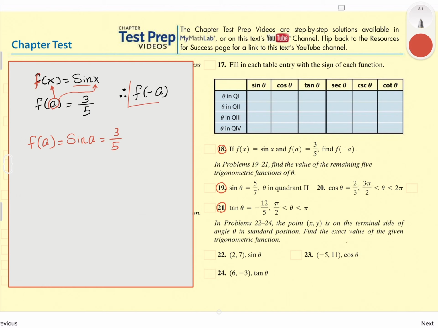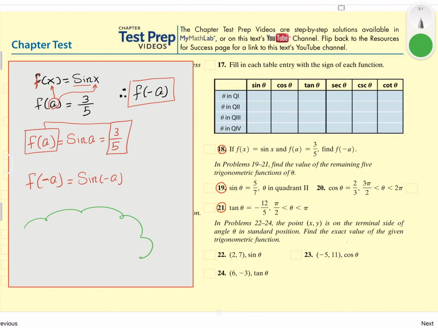They're asking us what is f of negative a. F of negative a is sine of negative a. We learn that sine is an odd function. We learn that sine of negative theta equals negative sine of theta, and cosine of negative theta equals cosine of theta.